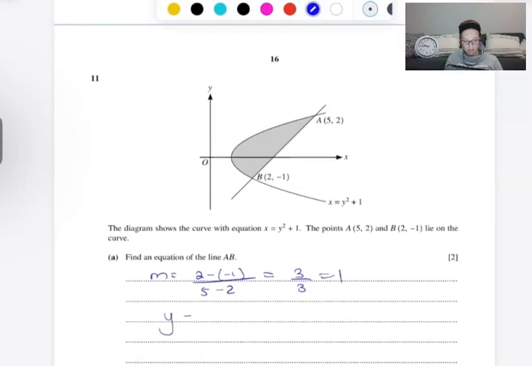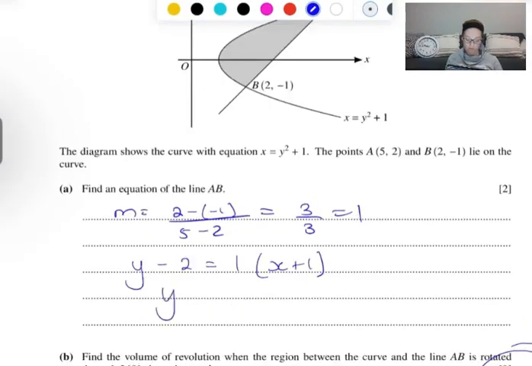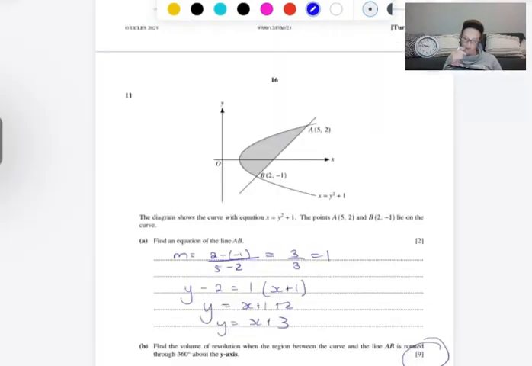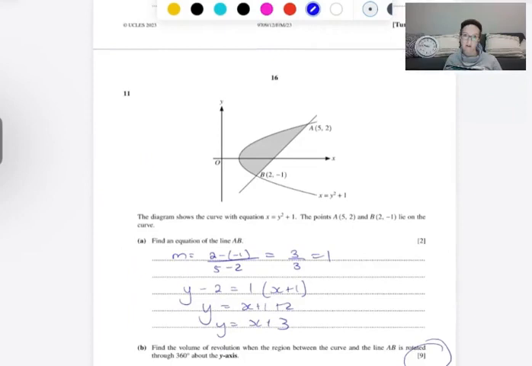Y minus 2 is equal to 1 times x minus -1 is plus 1. X plus 3. Okay, that does not look correct because it doesn't cross at +3.